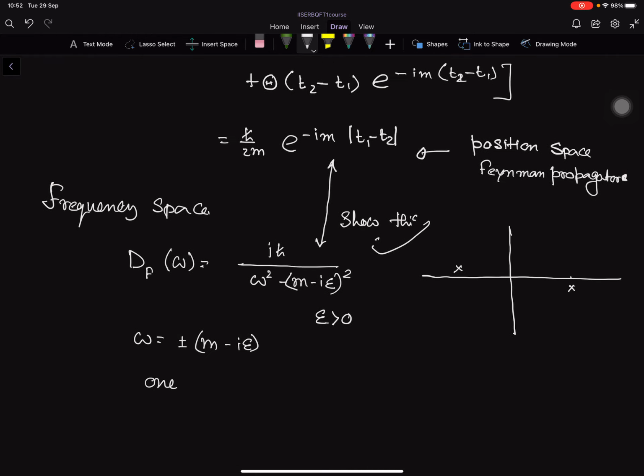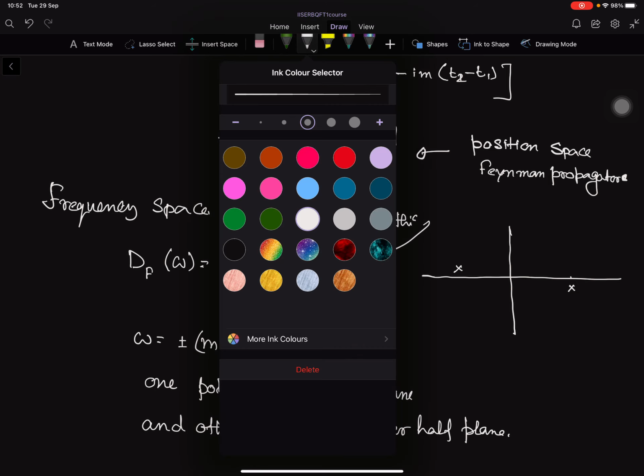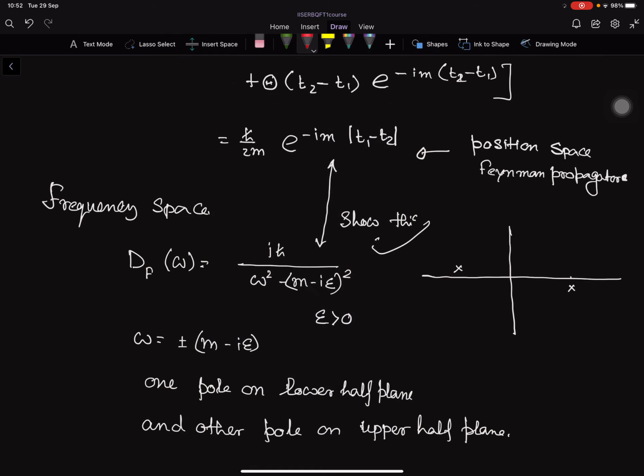So one pole is on the lower half plane and the other on the upper half plane. Then by choosing appropriate contours, you have to show that this quantity, when I go to position space, always gives this expression, exponential i m, where only the modulus of time appears.